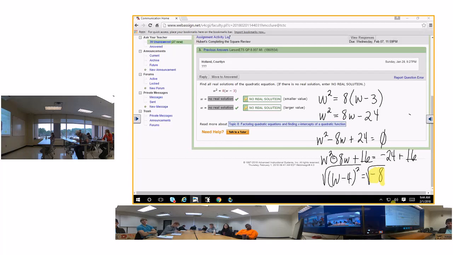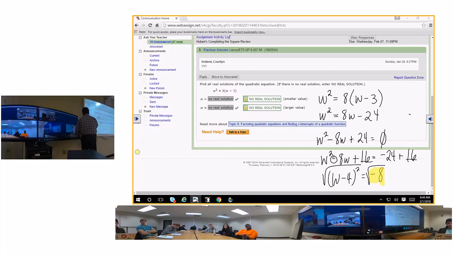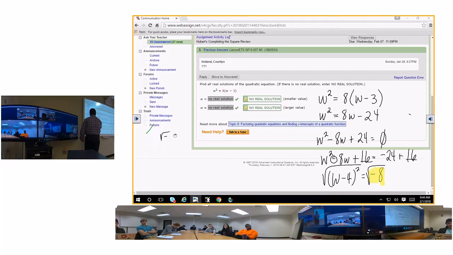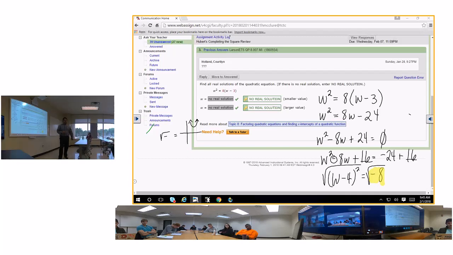The discriminant tells you whether it is a floating parabola. So if you've got a square root of a negative, then that tells you that you've got a floating parabola, which means it has no what? Has no x-intercepts. And it could be down on the bottom also.